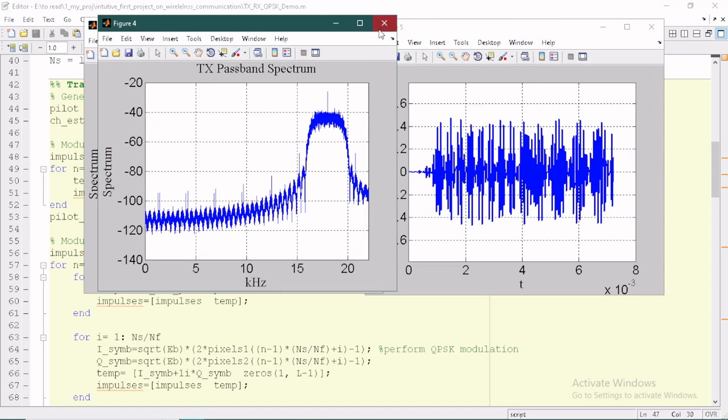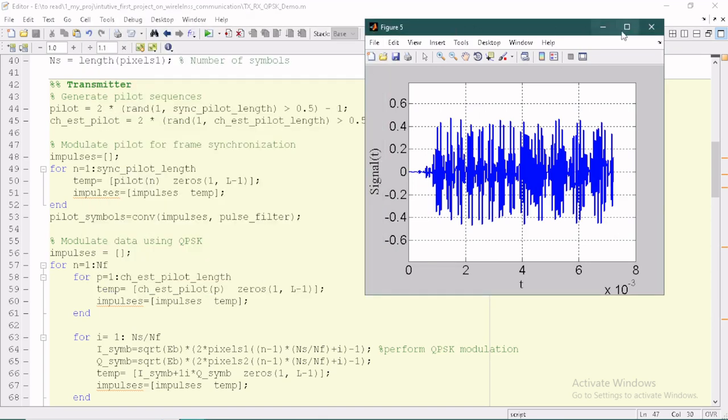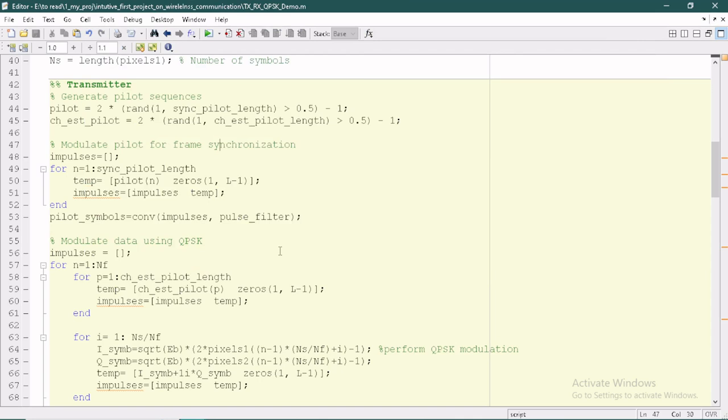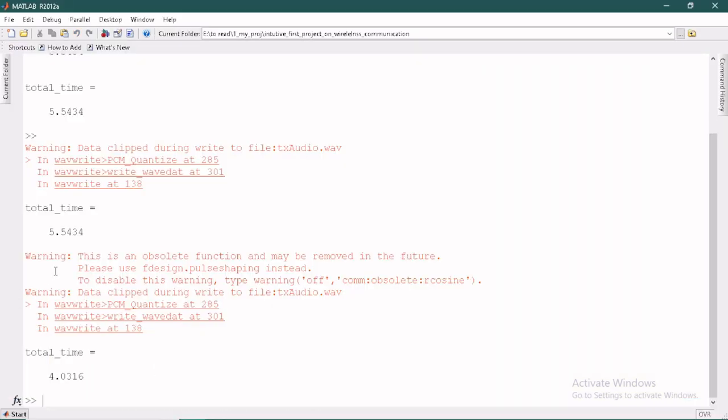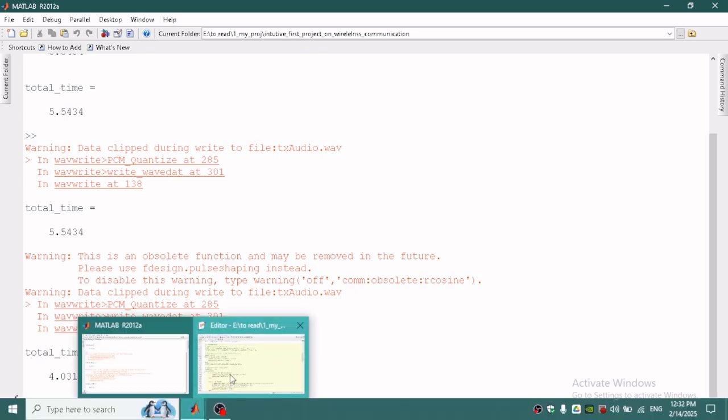So we increased the bandwidth, so we have an intuition that it will take less time to receive the signal. So let's see. Notice it is now 4 seconds after increasing the bandwidth. So increasing the bandwidth gives us a higher data rate, as we can transmit more data, or it reduces the symbol duration time, which is basically the same thing.